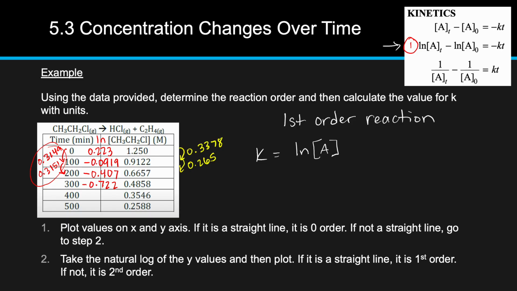Let's just call it 100 minutes. Minus my natural log of my initial concentration, which is going to be the natural log of 1.25. And then that is going to be over negative T. And T, since we chose 100 minutes, will be 100 minutes.